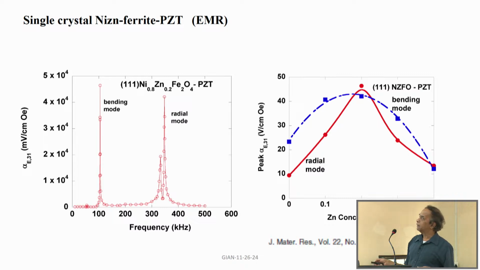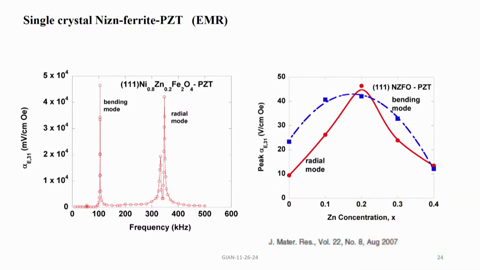This is for resonance in a bilayer of single crystal nickel zinc ferrite with 20% zinc, and since it's a bilayer, you can have bending mode as well as longitudinal modes, and for the bending mode, the values are quite high. The maximum is around 45 volts per centimeter Oersted.